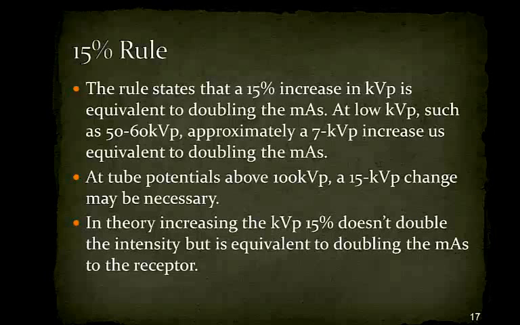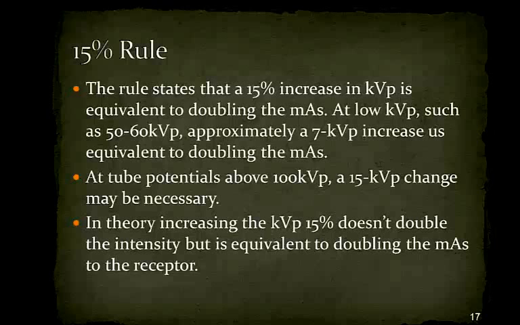So by understanding that, we're saying a 15% change in kVp is able to double the mAs or reduce it by half. So just by understanding those numbers, kVp is going to have a bigger factor at controlling what we do. And that is why we only have to increase or decrease it by 15%.